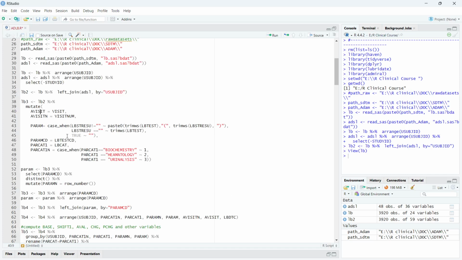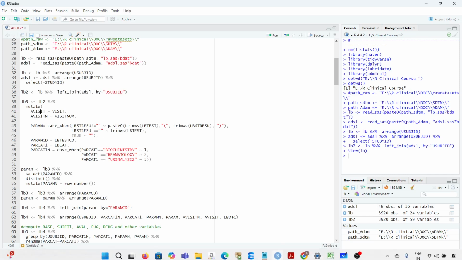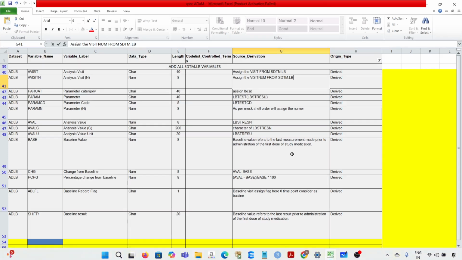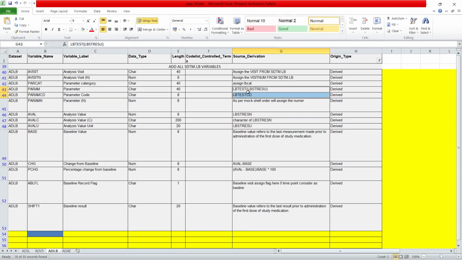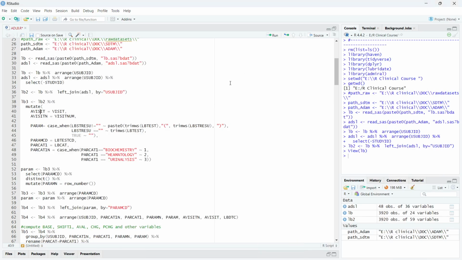Then we have to derive the PARAM. PARAM is a combination of LBTEST and, in parentheses, the LB standard units. How do we do that? Case when there is no missing value in LBSTRESU, the standard units. For PARAM you always consider the standard units, not the original units.